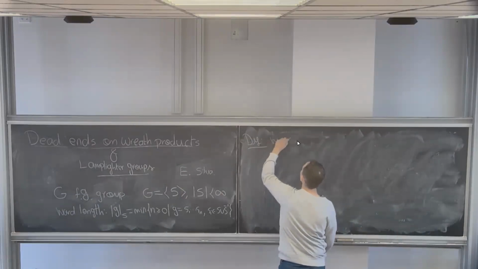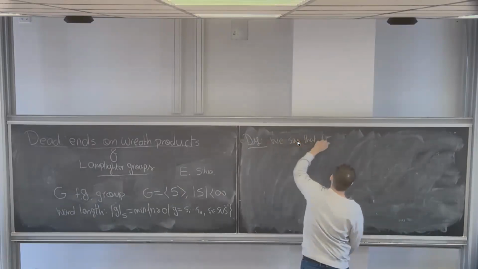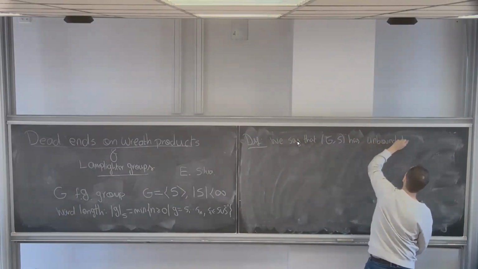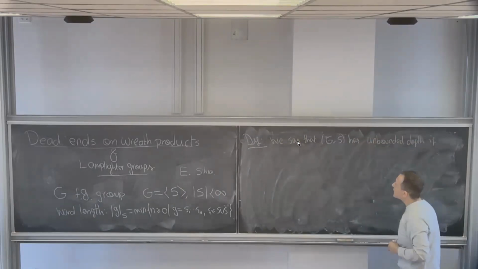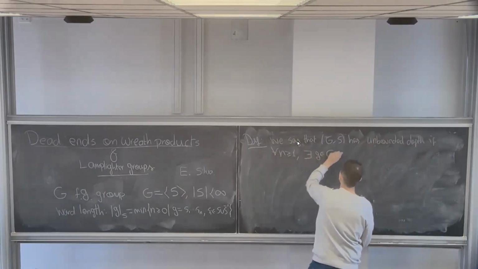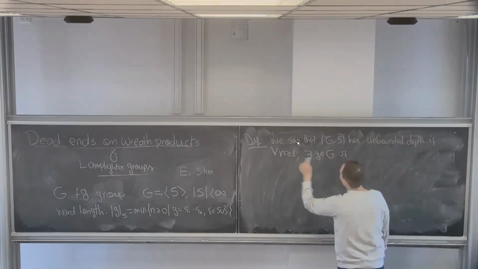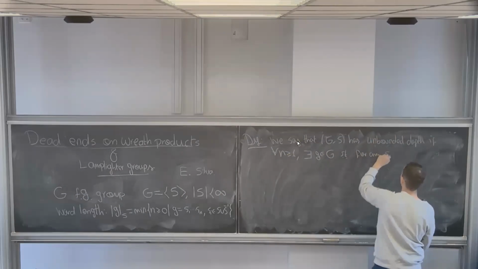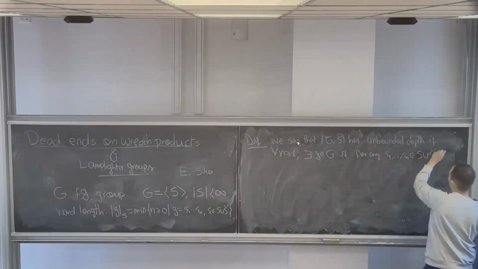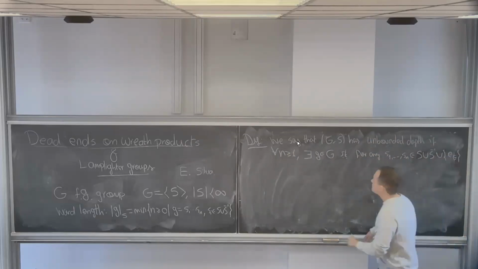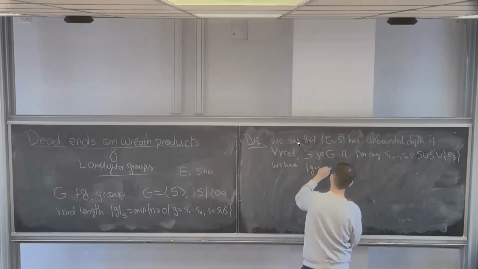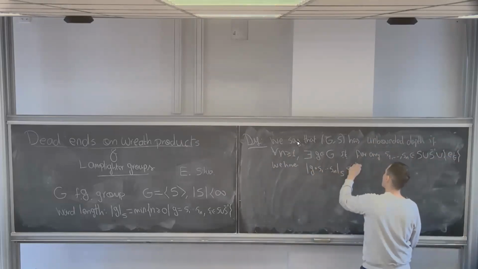So we will say that the space G_S has unbounded depth if for any positive integer n there exists an element g in the group such that for any word of length at most n, for any generators s_1 to s_n in S, meaning S and S minus 1, and also using the identity, so that it's a word of length at most n, we have that the word length of g multiplied by this word is not larger than the word length of g.